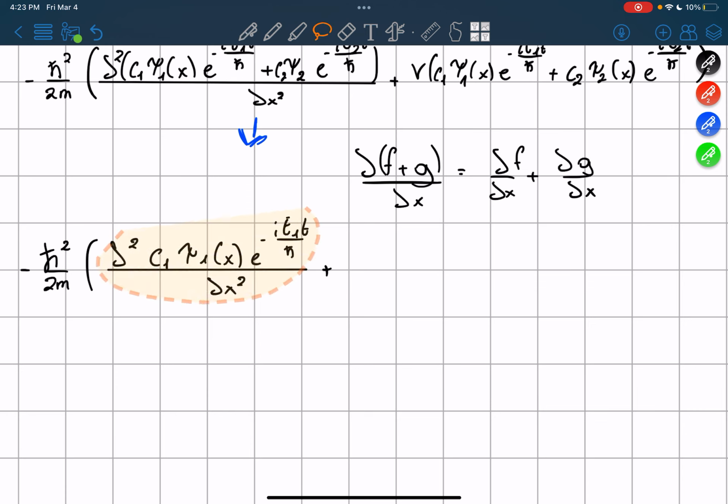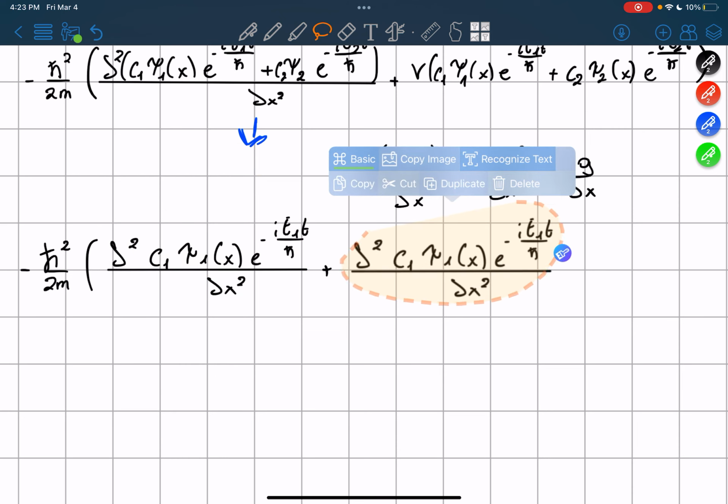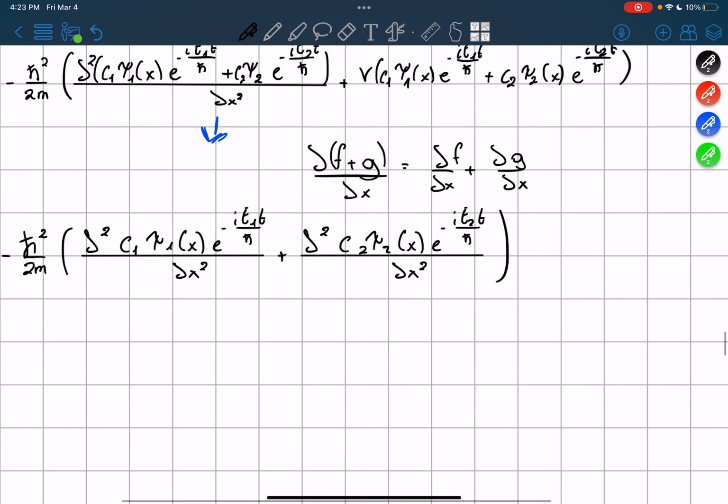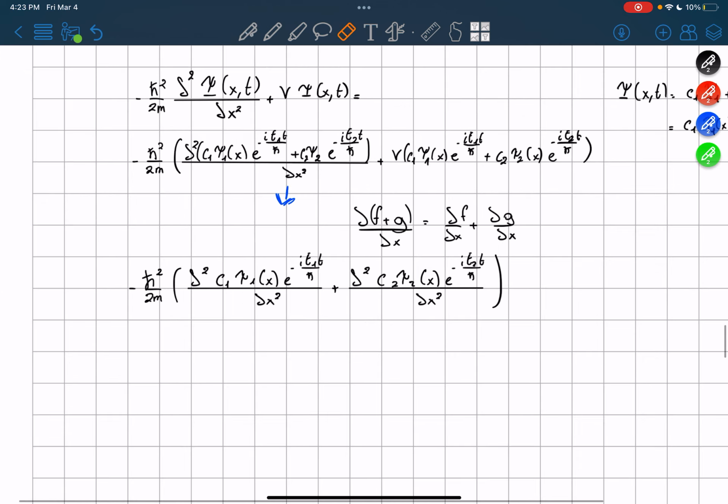I'm just going to do it a little quicker. And of course, sorry, actually this one is not inside the parentheses. The parentheses are over here. Okay, and so we have plus, and then the second part remains the same.